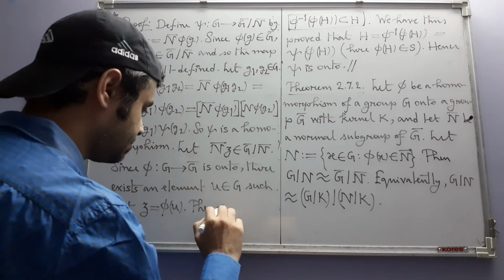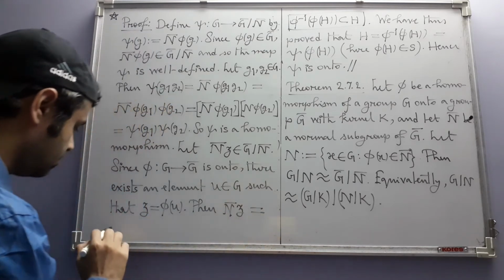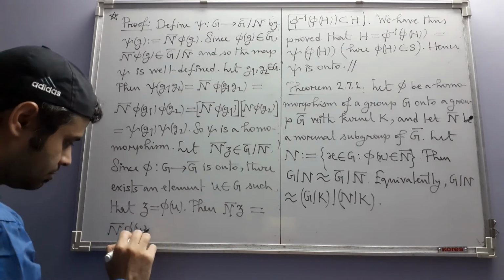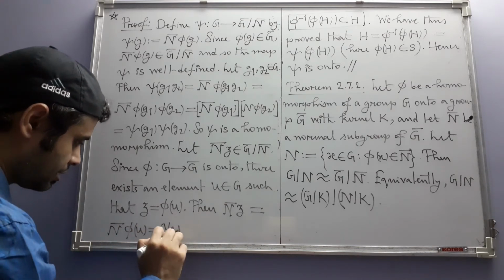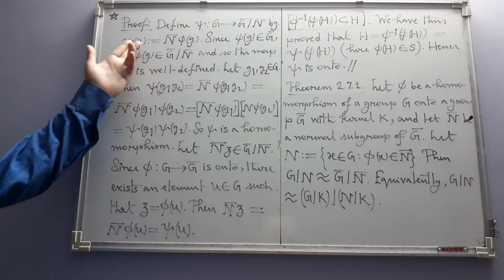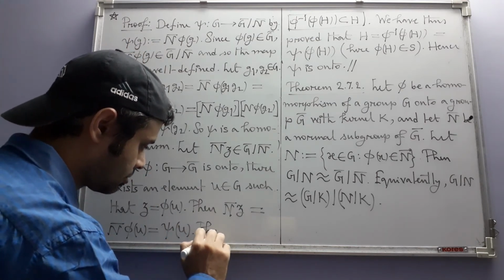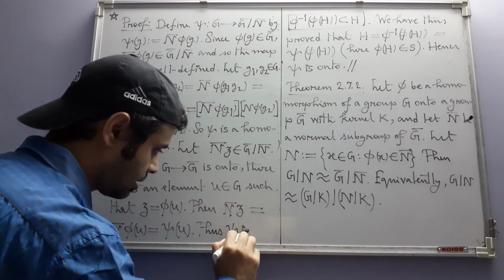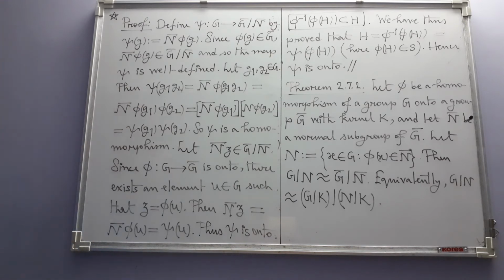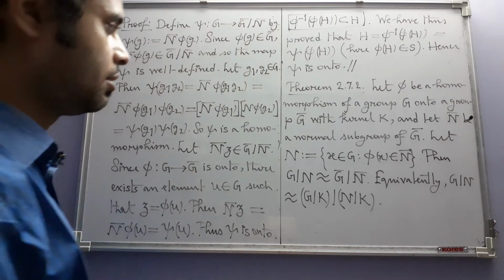Then N bar z is equal to N bar phi of u, which becomes psi of u, because that's the definition of psi. Thus psi is onto. So psi is a well-defined onto homomorphism of G onto G bar by N bar.